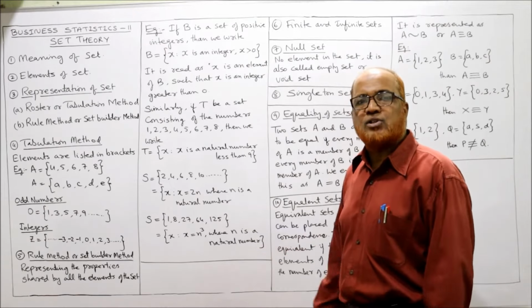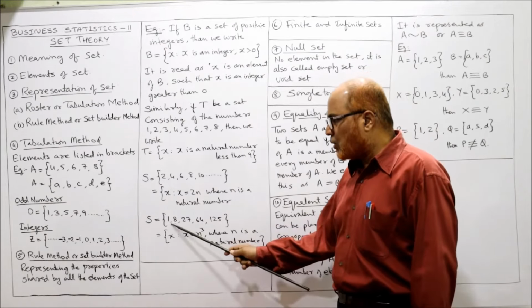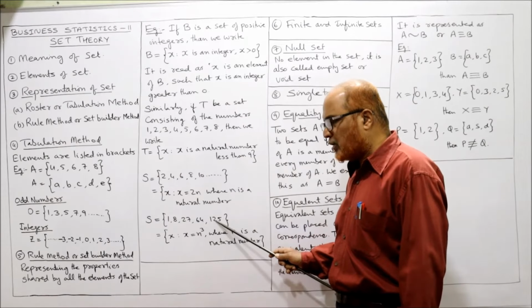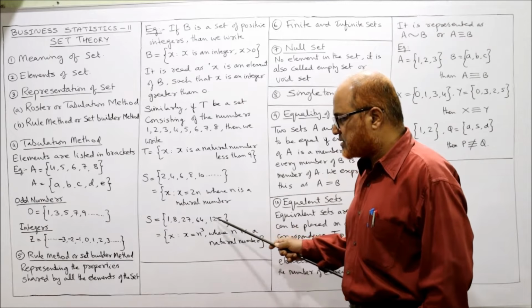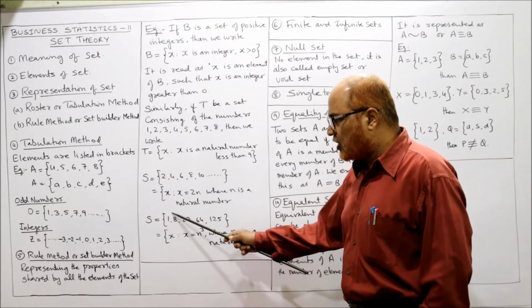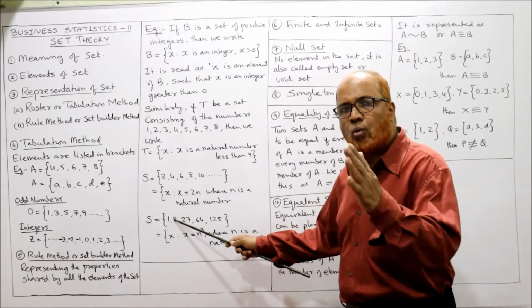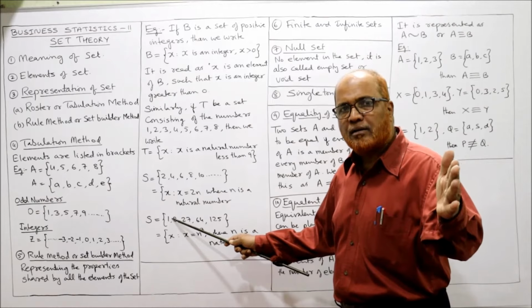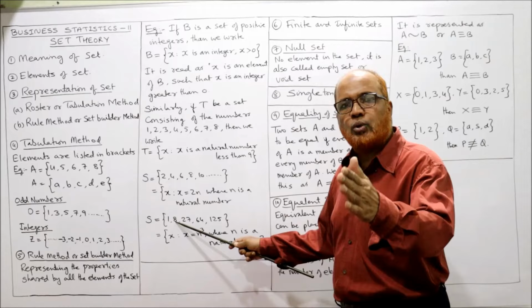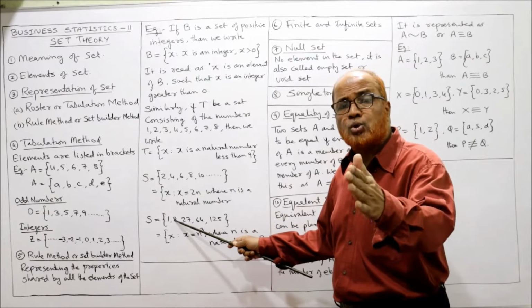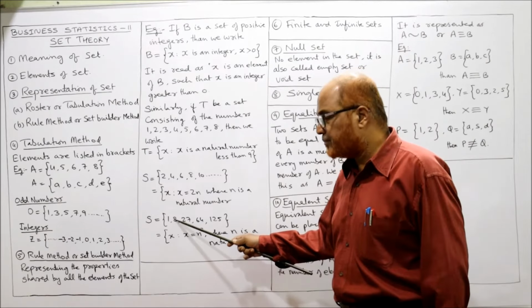Another example I'll give you for set builder form. S is equal to 1, 8, 27, 64, 125. Now if you closely watch these numbers, what can you observe? 1 cube means 1 into 1 into 1 is 1. 2 cube means 2 into 2 into 2: 2 twos are 4, 4 twos are 8.